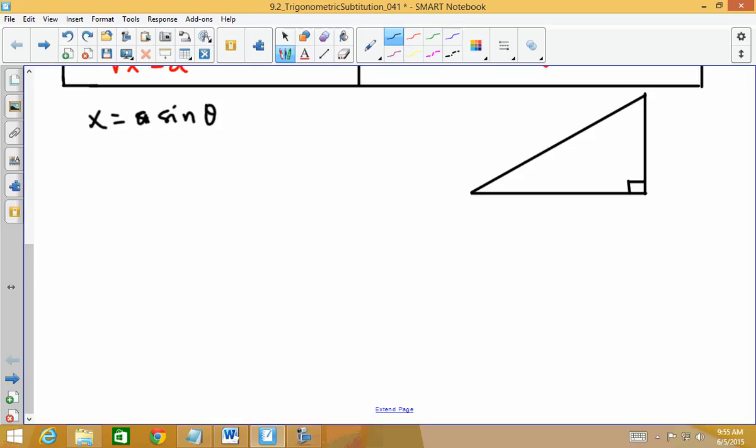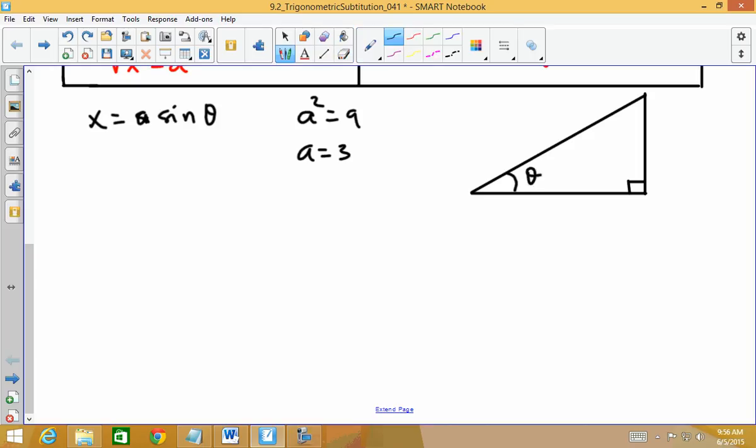Now, a squared in this problem is 9. We assume a is positive, so a squared equals 9 means a is 3. All right, so this is our theta.